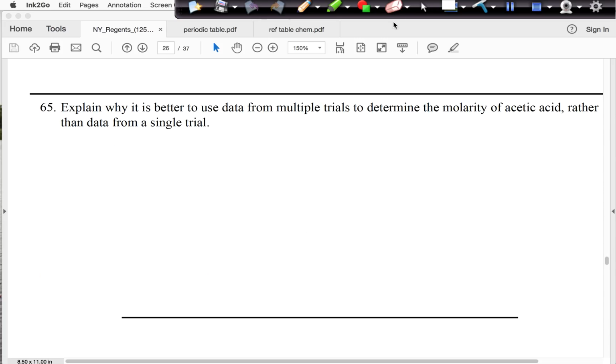For number 65, it says, explain why data from multiple trials is better to determine the molarity rather than data from a single trial. Anytime we have multiple trials, multiple trials always improve the validity or precision of the results.